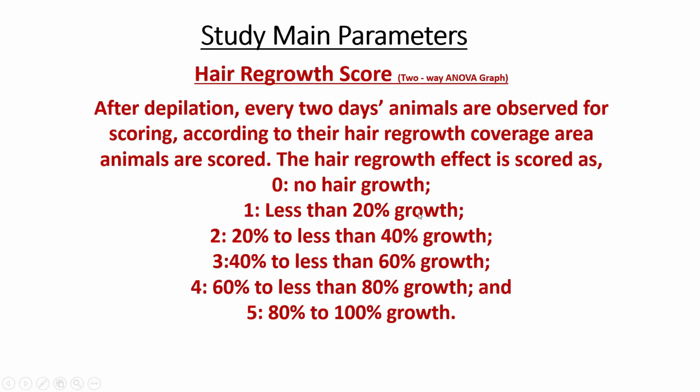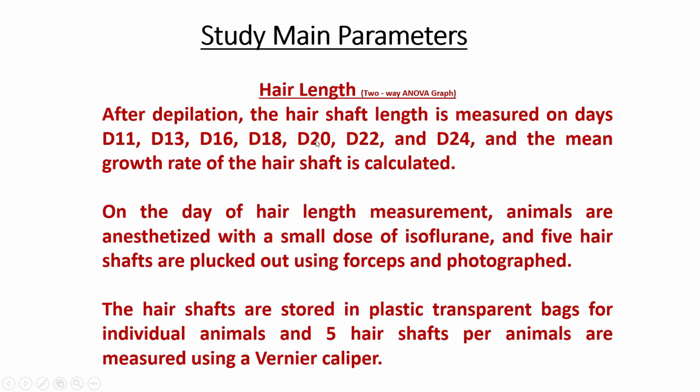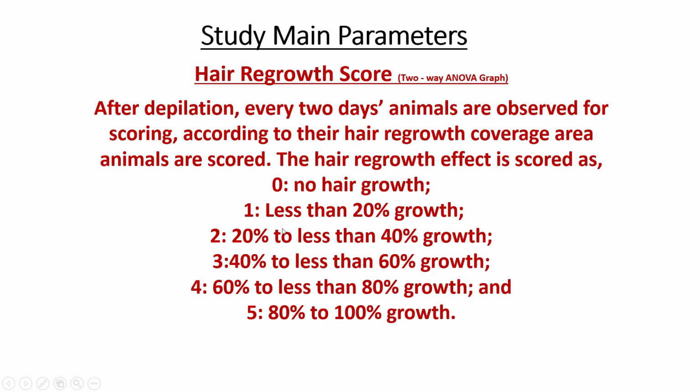Next, less than 20% regrowth: suppose you see these animals with around 20% regrowth, you will give 1. More than 20% up to 40% growth, you give 2. 40 to 60% growth, you give 3, and 60 to 80% growth, you give 4. Next, 80 to 100%, you give 5. This is how you have to score.